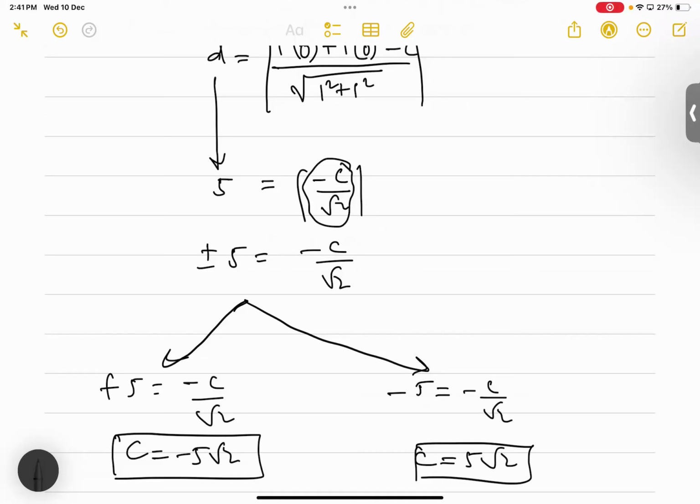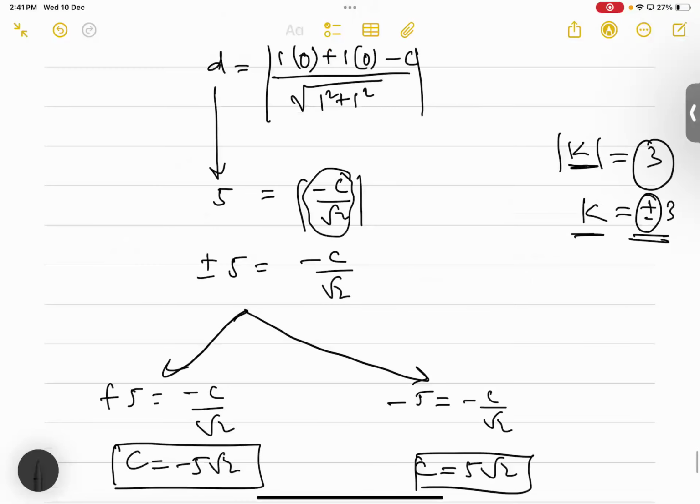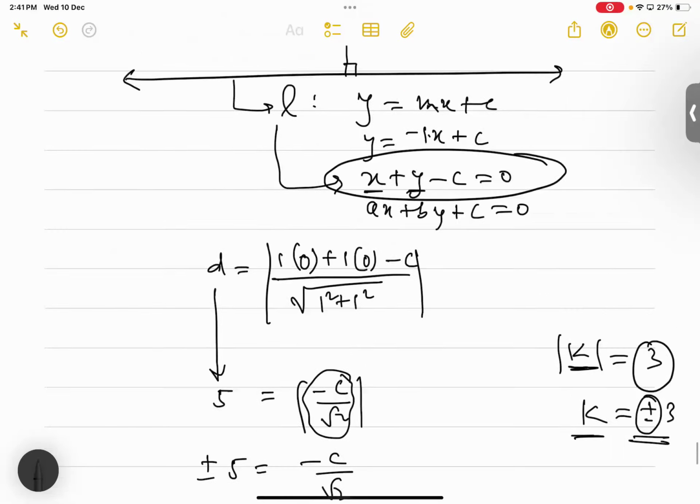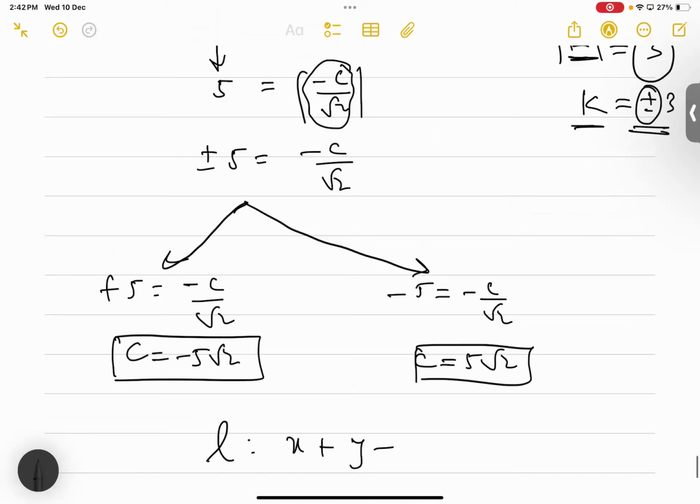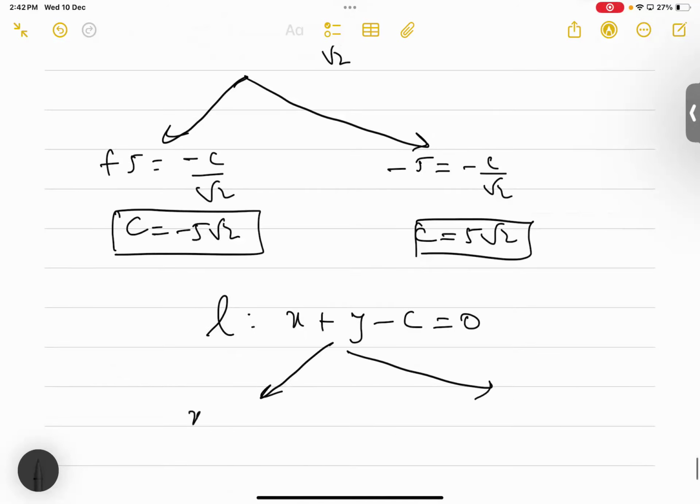Modulus of k is equal to 3, so what is k? Plus 3 or minus 3? So these two signs will be given to this particular value. The inside value remains the same, positive or negative. So line L is x plus y minus c is equal to 0. Two cases: c is minus 5 root 2 and plus 5 root 2. So x plus y plus 5 root 2 equal to 0, and in the other case x plus y minus 5 root 2 equal to 0.